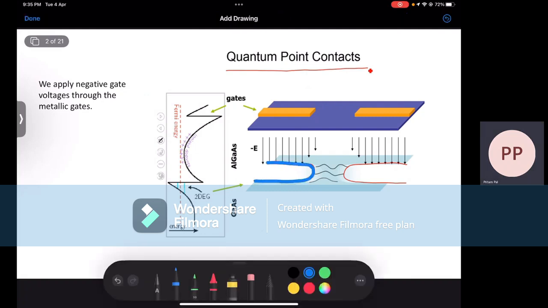It produces this imprint of the split gate in the two-dimensional electron gas: inside these red lines, there will be no electrons.